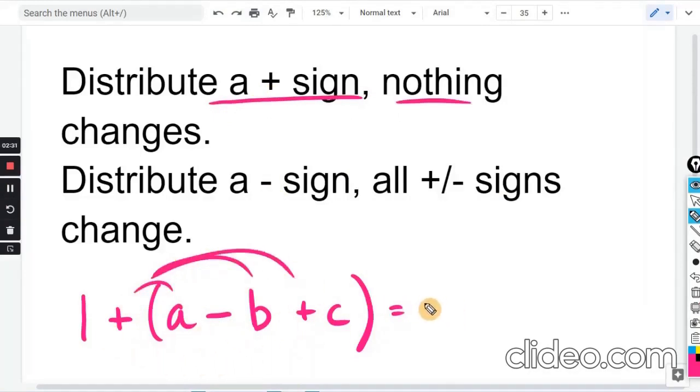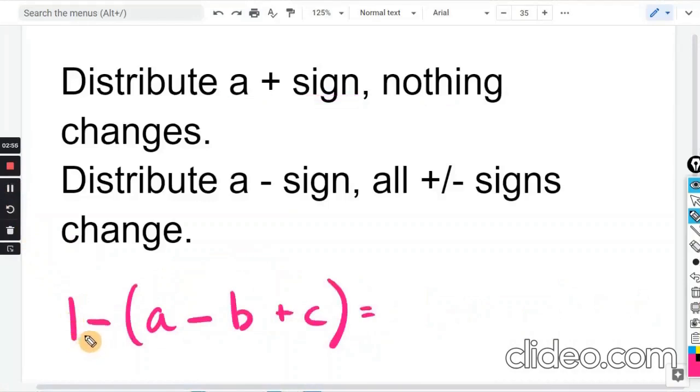You still have 1 plus a and then plus negative b, plus positive c. So the a is still positive, the b is still negative, and the c is still positive. None of the plus or minus signs change.